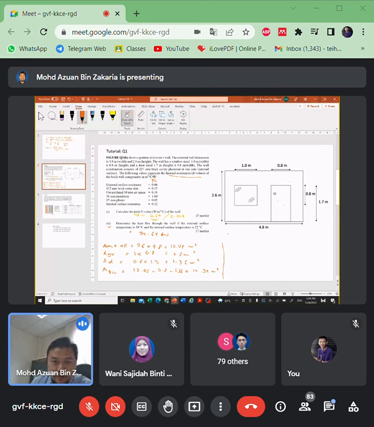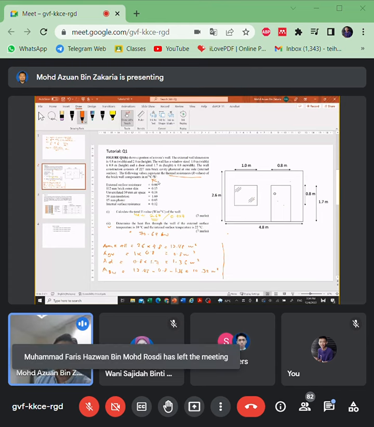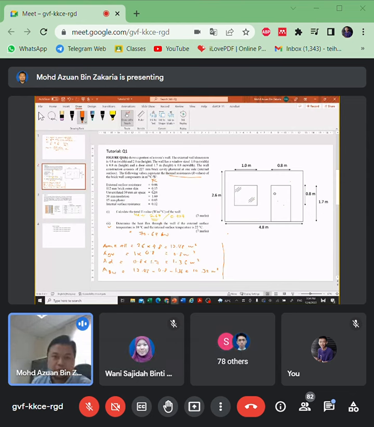You need to read carefully. Sometimes they give K value, then you have to find R value. But in this question, it is already given in R value. So what you have to do is just sum up all of this.